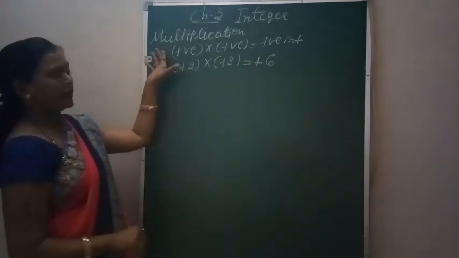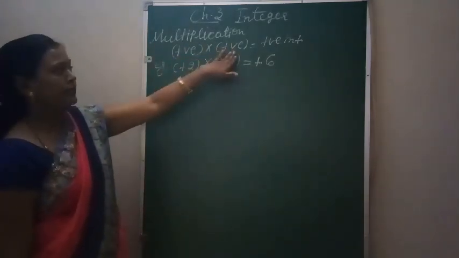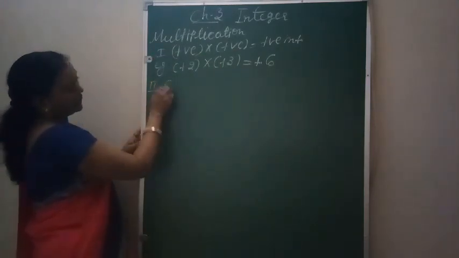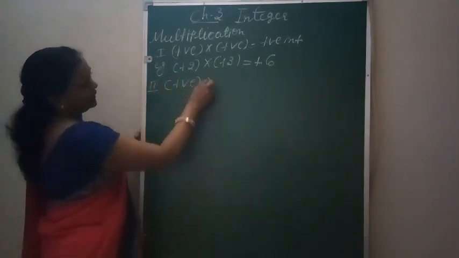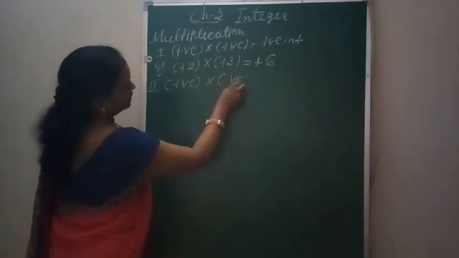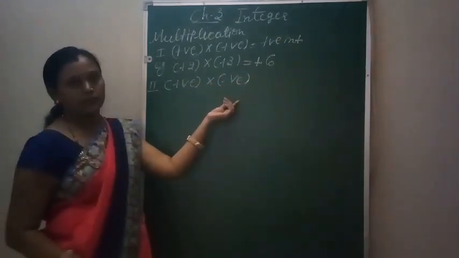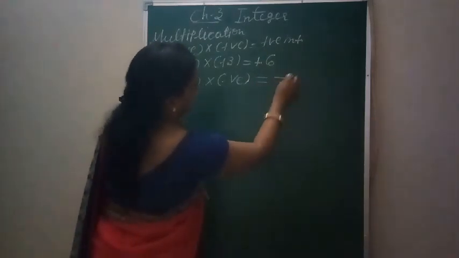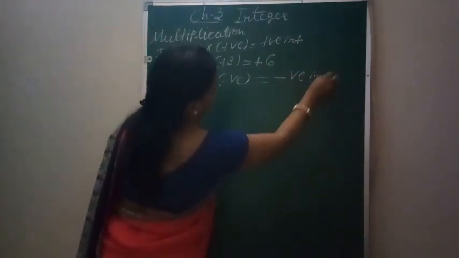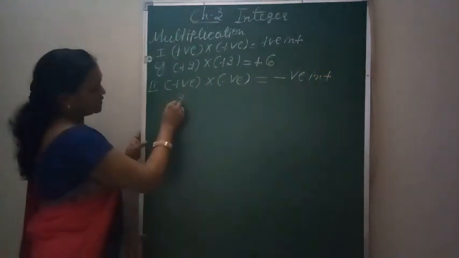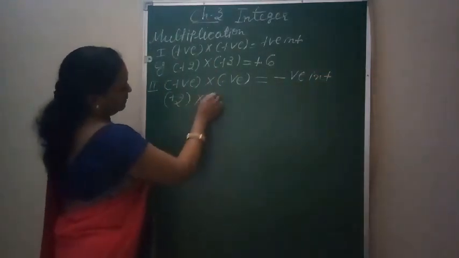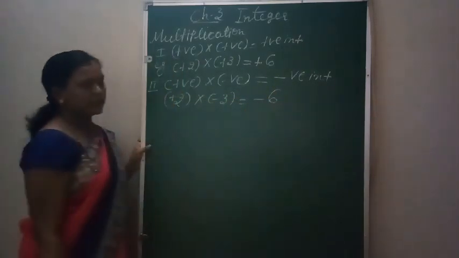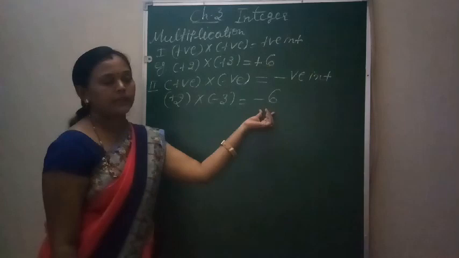But when we multiply a positive number with a negative number, that is the second condition, your answer is a negative integer. It means plus 2 multiplied by minus 3, then the answer will be minus 6, that is negative.